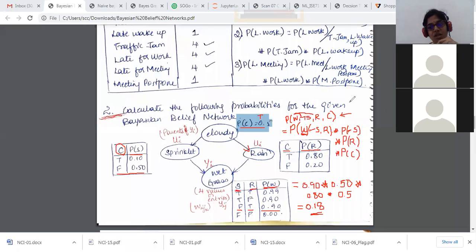And one more thing I wanted to let you know is, in case I get something like probability of a test case with not W, what will you do? If I give a new test instance like this, what will be the value for that?